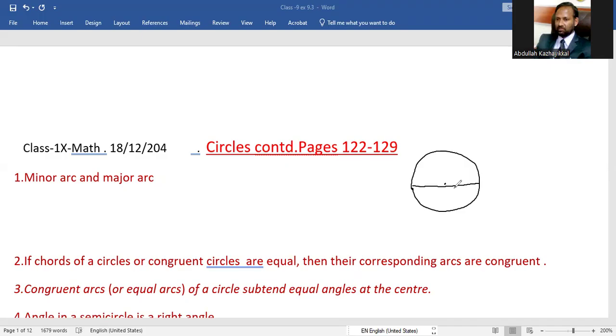There is a semicircle. This is the angle made in the semicircle. This is the chord PQ. This is the center. So the angle made on the segment, because you know this is 180 degrees, is a right angle. So it is 90 degrees.